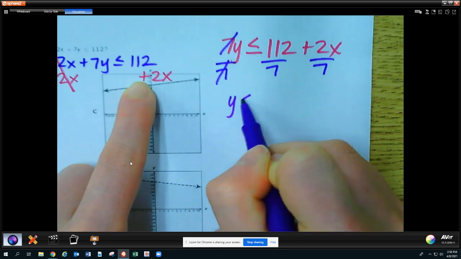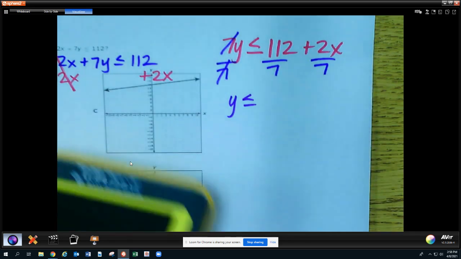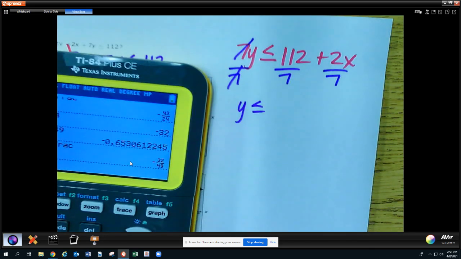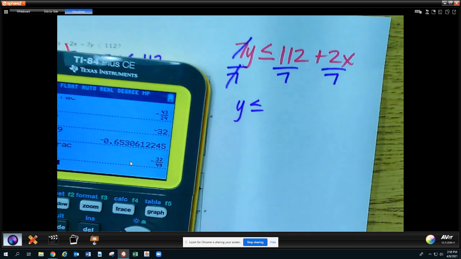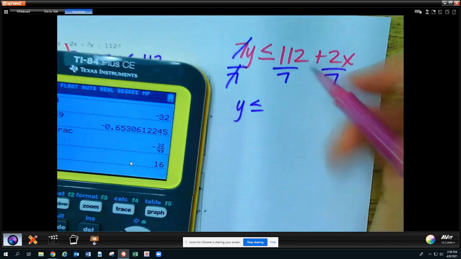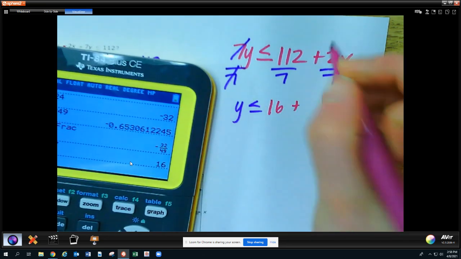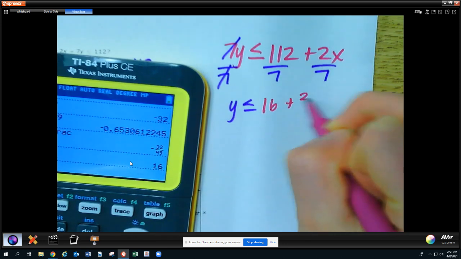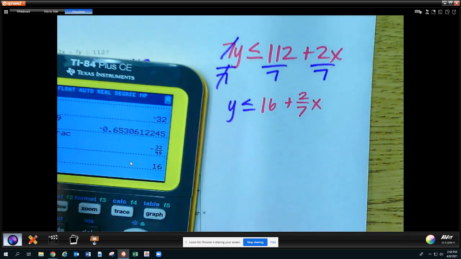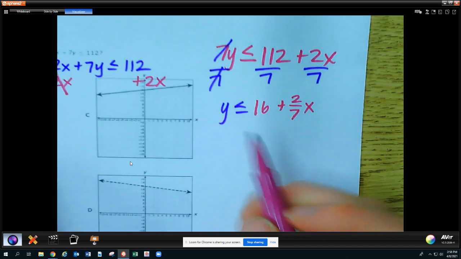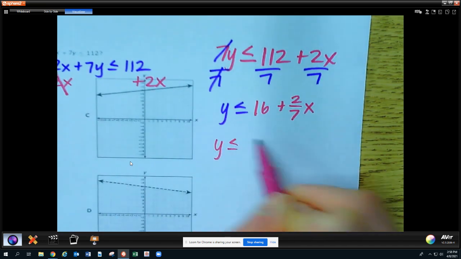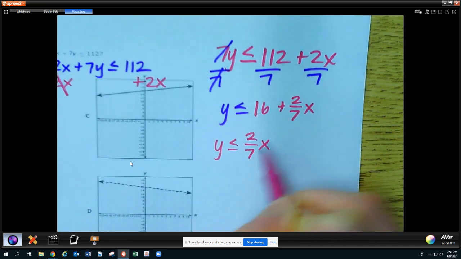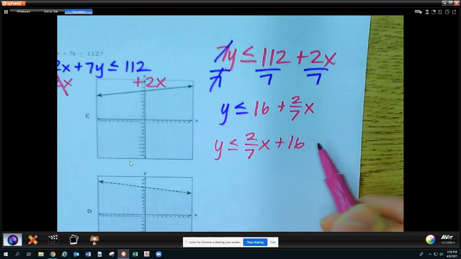And so y is less than or equal to 112 divided by 7 is 16. And then 2 over 7 does not simplify. Okay, so in slope-intercept form, I have the +2/7x plus the 16.